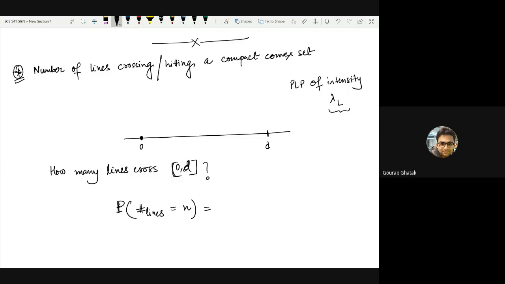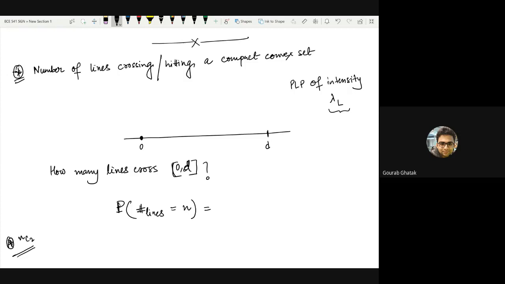I'll come back to that exercise after discussing this point. For the moment, let me note it down: I'll just write NC2 and give you the short exercise after this. For the moment, we are interested in the distribution of the number of lines, which is n.